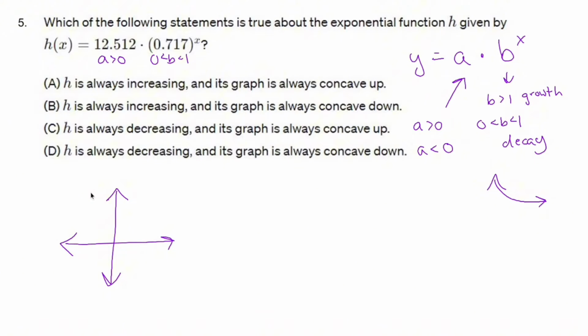So we have regular looking decay, so it's going to look something like this. It's decreasing, and since it's the first half of concave up, it's going to be decreasing and concave up. So our answer is going to be C.